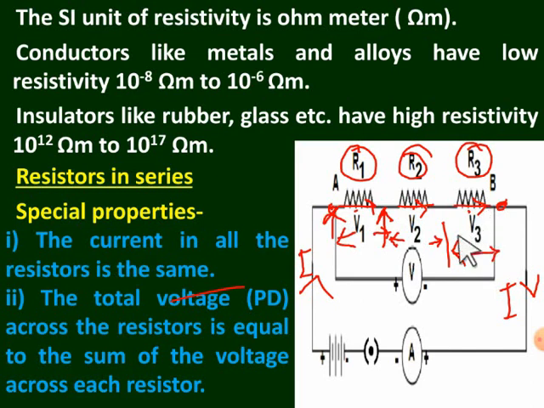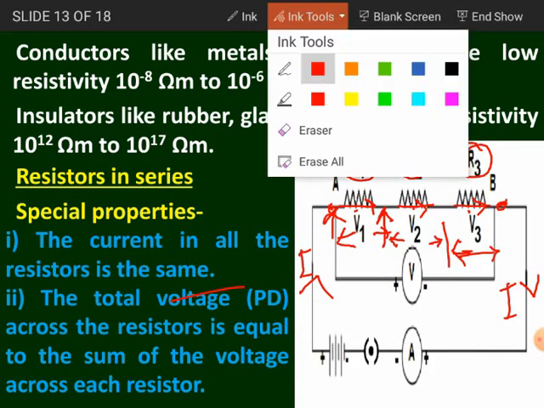So V1 plus V2 plus V3 will be equal to V, the potential difference across this series connection, and that will also be equal to the potential difference at the two ends of the battery.